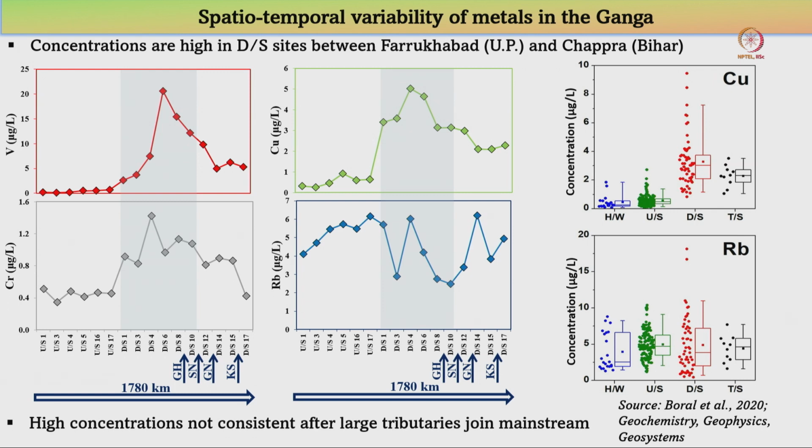What I intend to show is the kind of variability that comes with all the elements. Vanadium's plot is very different from copper. Copper and chromium still look similar, but rubidium again is very different.